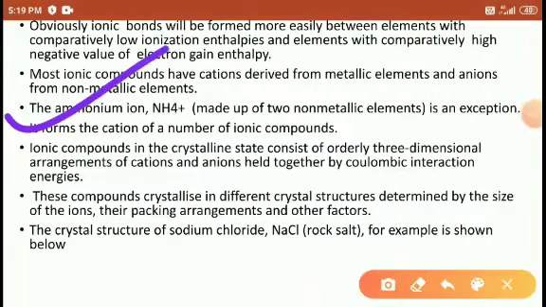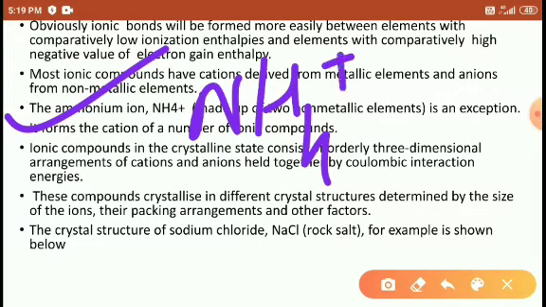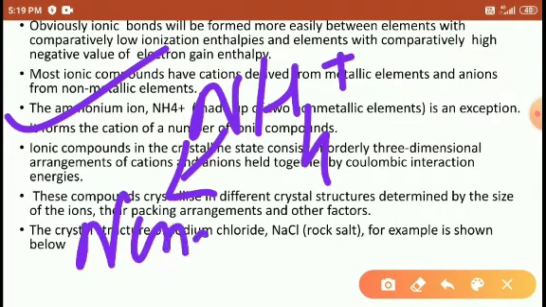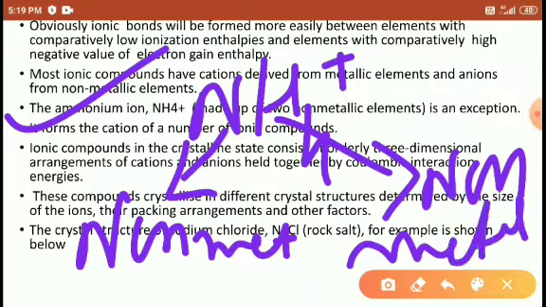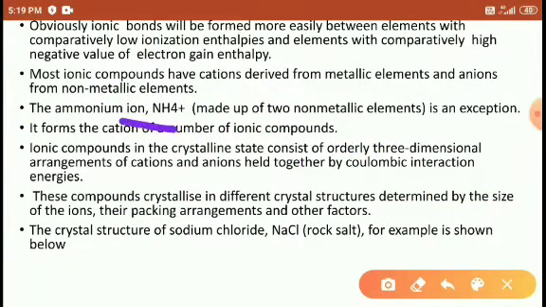The ammonium ion, that is NH4+. Here nitrogen is a non-metal and hydrogen is also a non-metal. Both species make up the positive charge, which is made up of non-metals only.